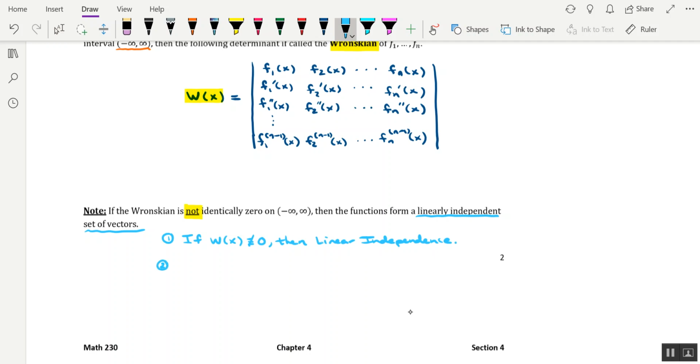The second fact is a little more practical. If W of c is not equal to the number 0 for some c that's an element of the real numbers, then this also implies linear independence.